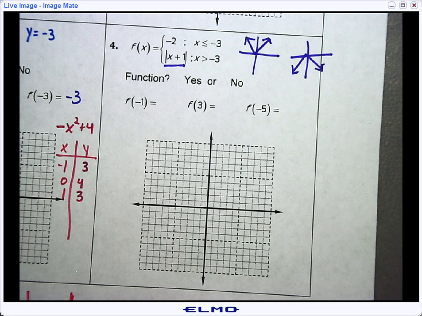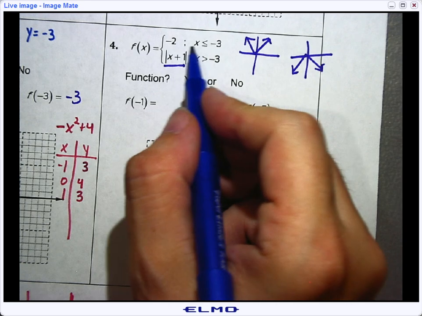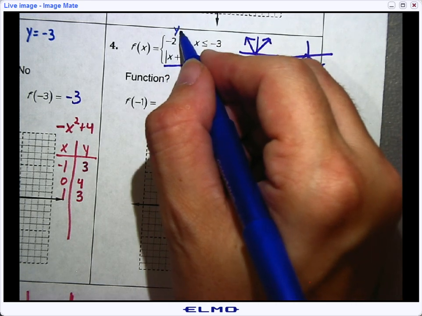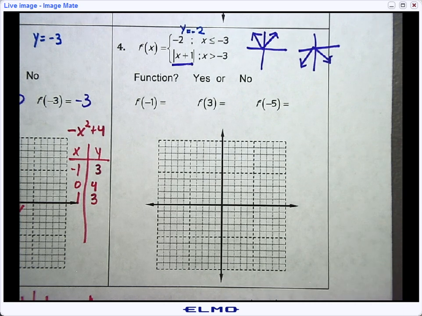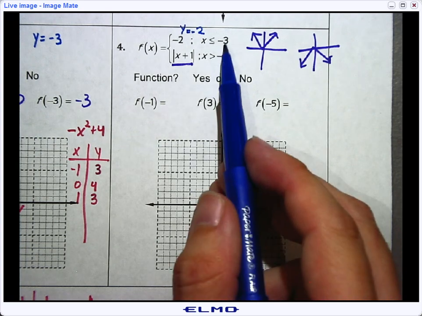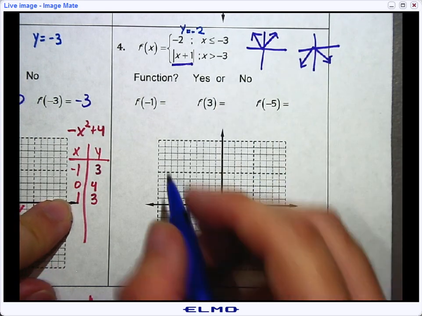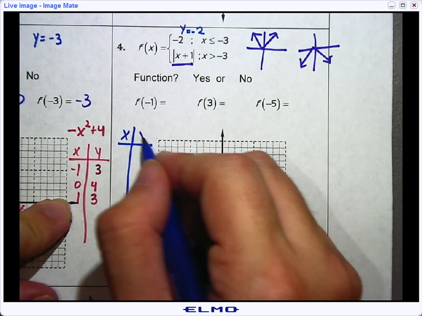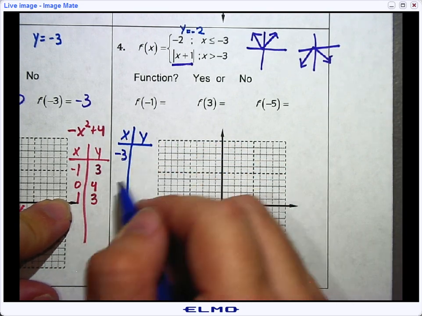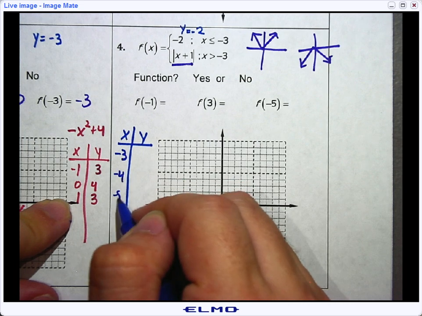Same thing. Set up our table. Once again, this is just the equation y equals -2. So that is a horizontal line through the y-axis at -2. But that only picks up if x is less than or equal to -3. So I would have the point if we do our table with that. So -3 and less than that would be -4, -5.